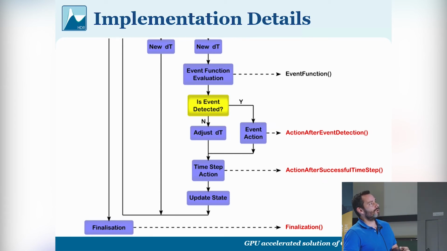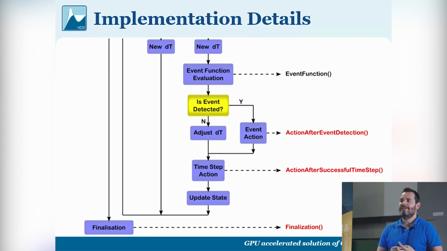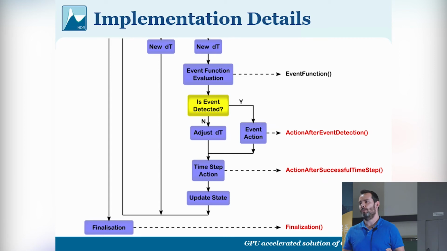Finally, why is it important to take action after every successful time step? I have mentioned previously that so far no dense output is supported. So what if we need a special property of a trajectory? For instance, the maximum of a certain component.